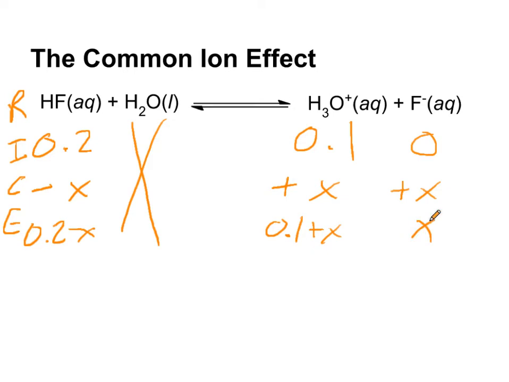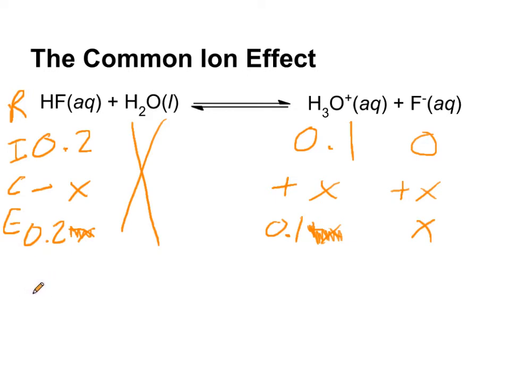We can use the weak acid assumption, so you would have to indicate that by saying that 0.2 minus x is approximately equal to 0.2, and 0.1 plus x is approximately equal to 0.1. We can solve for x by just plugging these equilibrium values into our equilibrium expression.